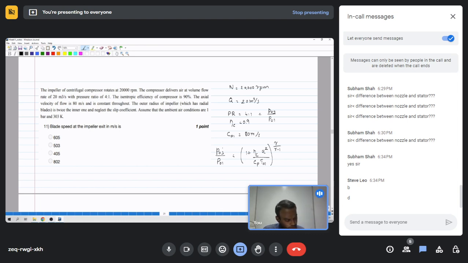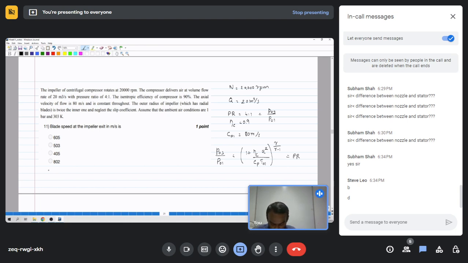So here we know that this is the pressure ratio, which is 4:1. Eta C is known. U has to be calculated from here, and T01 we can calculate with the given details.